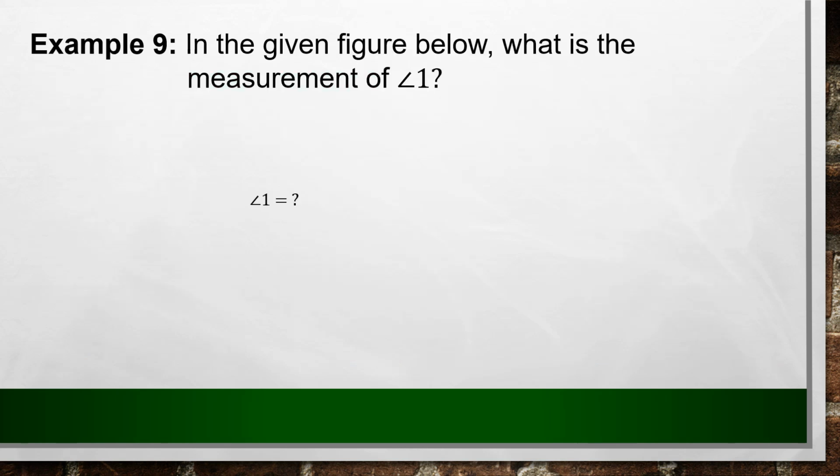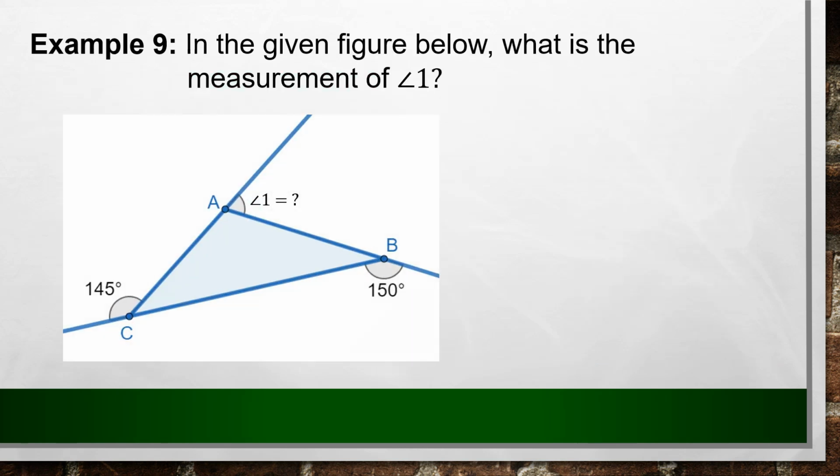Okay, so let's answer this example number 9. So the question here is, what is the measurement of angle 1? Okay, so angle 1 is an exterior angle. The other 2 exterior angles are already given, and the measurements of those two are 150 and 145.